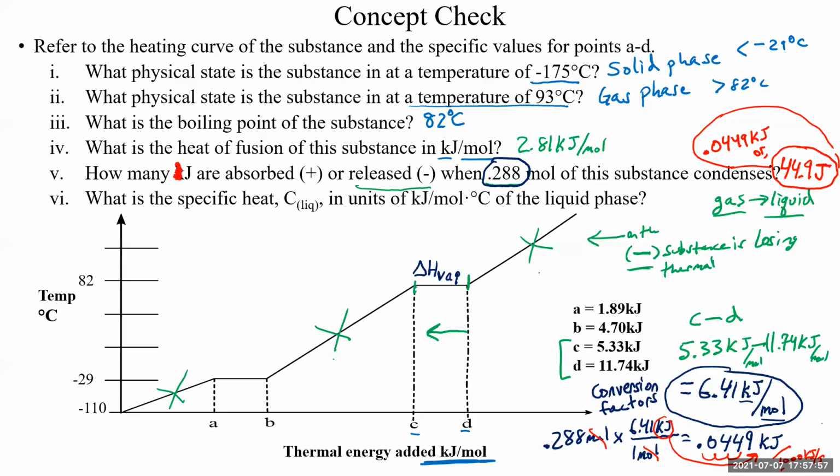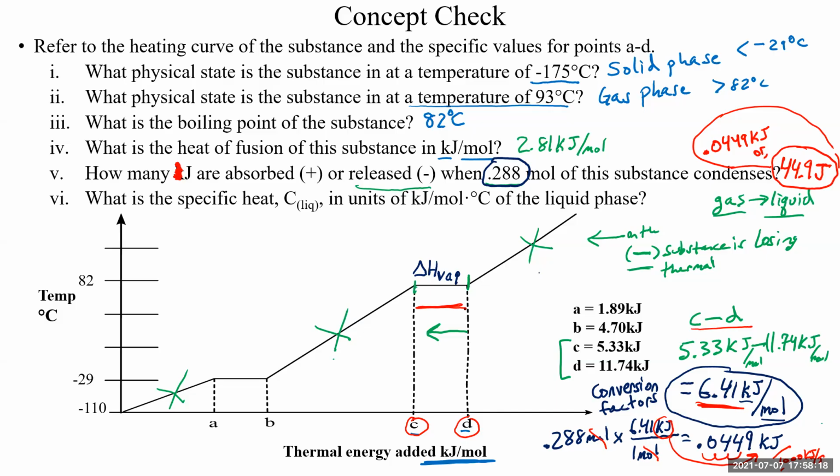The important part is that you understand where this 6.41 came from. It came from the difference between point C and point D. That's the amount of energy spanning this flat region of the curve. This is the energy associated with the heat of vaporization.